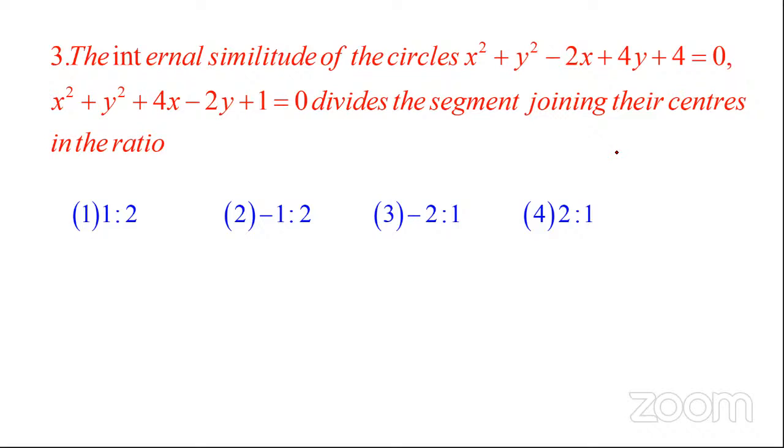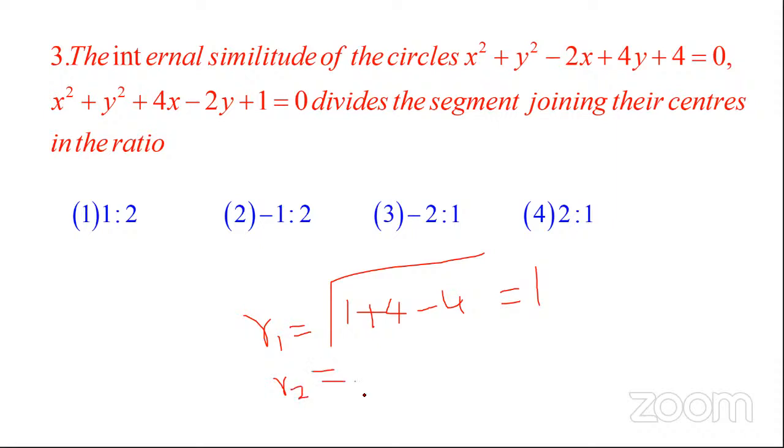So here we have to find just R1 is to R2. For that, R1 value is nothing but under root of center, here (1, 2), (1, minus 2), then 1 plus 4, 4 minus 4. Then the value is 1. R2 value: 2, 4 plus 1 minus 1 equals 2.